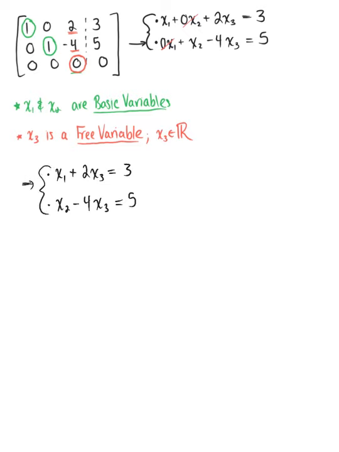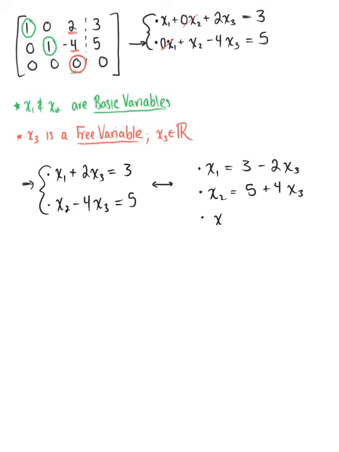And we want to solve this for those basic variables. So this is equivalent to x sub 1 is equal to 3 minus 2 times x sub 3, and x sub 2 is equal to 5 plus 4x sub 3.